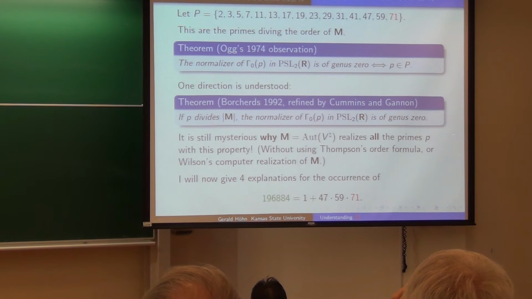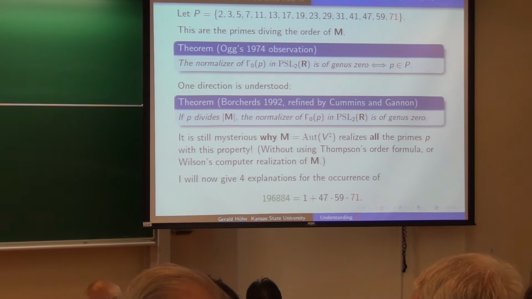The only way, I think, to get these primes is to use the Thompson order formula to get the order of the monster, or maybe one can now use Wilson's computer realization of the monster, although I'm unsure if, just using the generators, you can really compute the order of the monster without any additional knowledge. Now, I also don't have any idea.